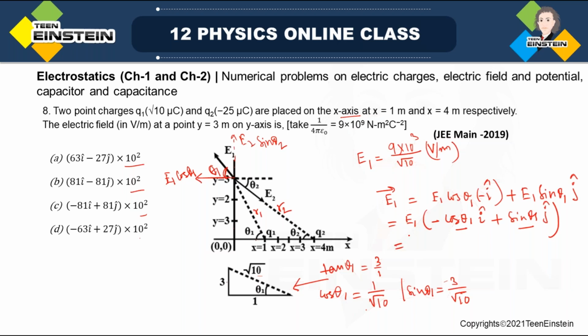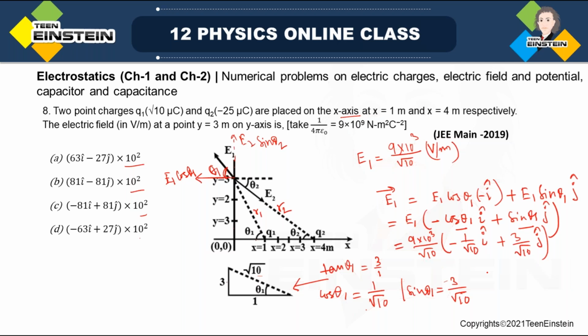Putting the value of E1 also, let us put 9 into 10 to the power 3 by root 10. See, cos theta is minus 1 by square root of 10 i cap, and here this is 3 by square root of 10 j cap. Now look, I have a square root in the denominator.